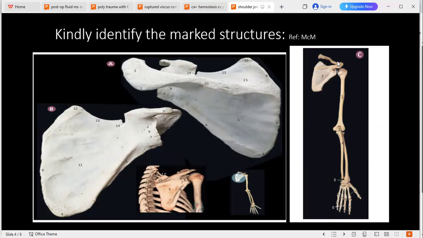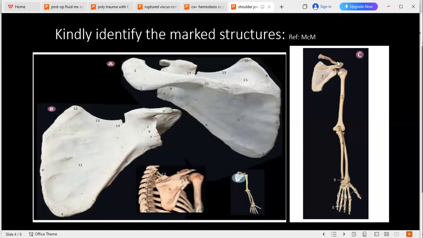It is formed from the head of humerus and the glenoid cavity of the scapula, and superiorly the spine and acromion process of the scapula.